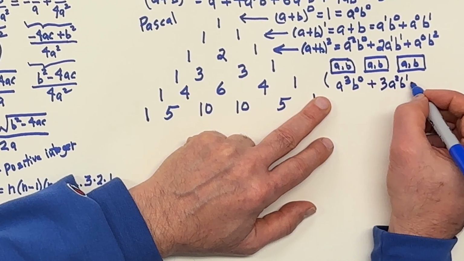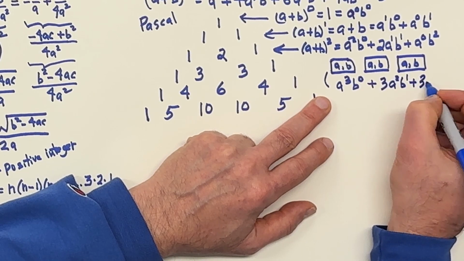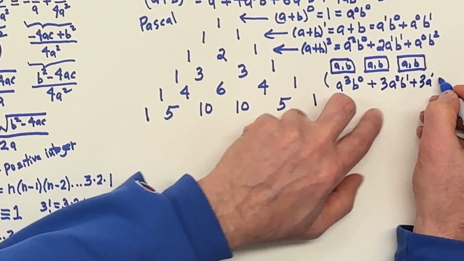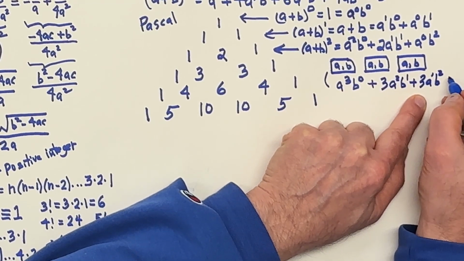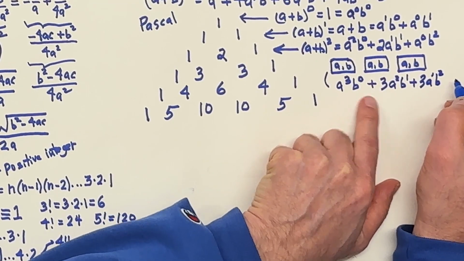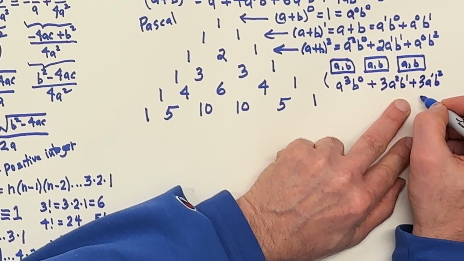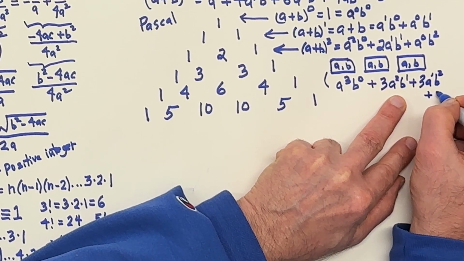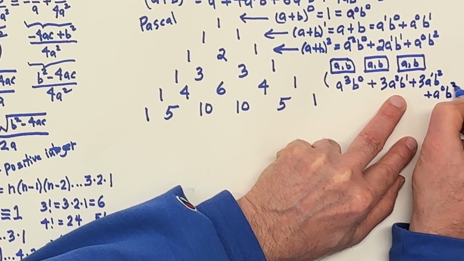And due to the symmetry, if I were to pick the apple, there'd be 3 ways to pick a single apple, and I'd have then 2 bananas. And by symmetry, the last one here is going to be a coefficient of 1. It's going to be no apple and 3 bananas.